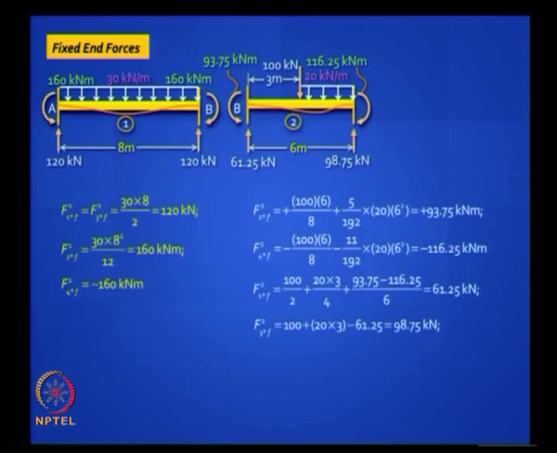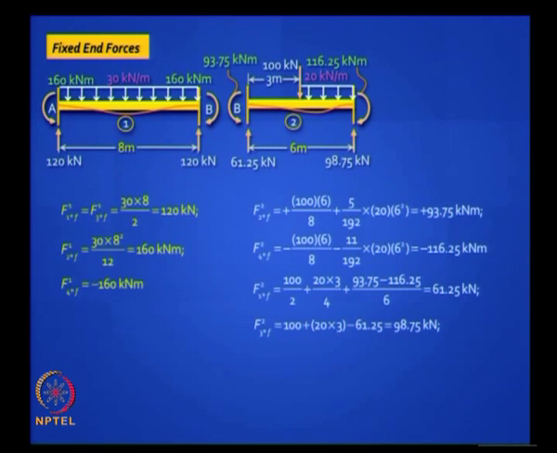Similarly, you can do for the second element. The second element you have two loads. One is a concentrated load in the middle, which is easy to work out. The second one is a little tricky. It is a UDL on half the span. You may not remember the formula. By the way, you are not expected to mug up all the formulas.